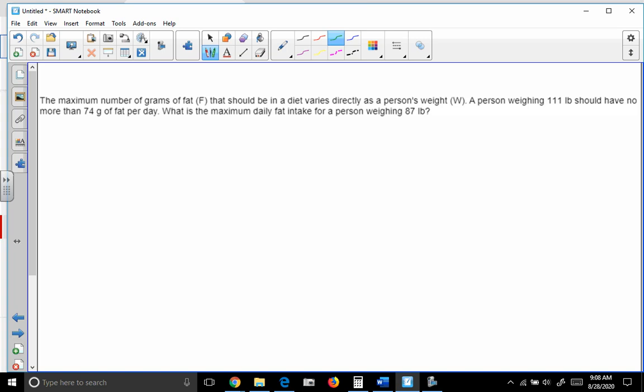So now here we have a word problem, an application of this. What we're given is a relation between a weight and how much fat a person should eat per day if they weigh this weight. And then we want to use that piece of information to find out how much fat someone should eat if they weigh something different.